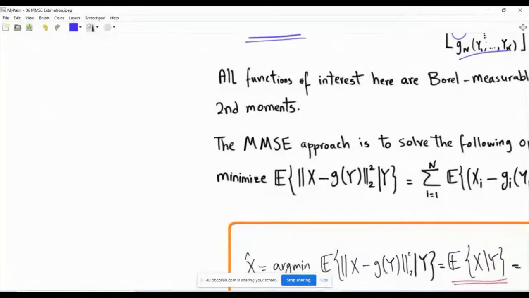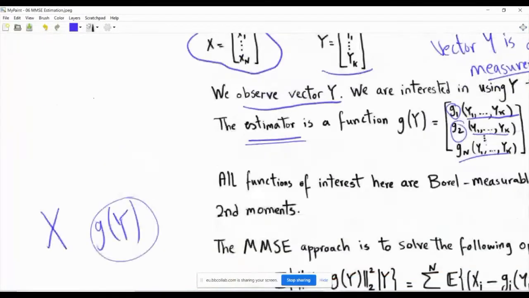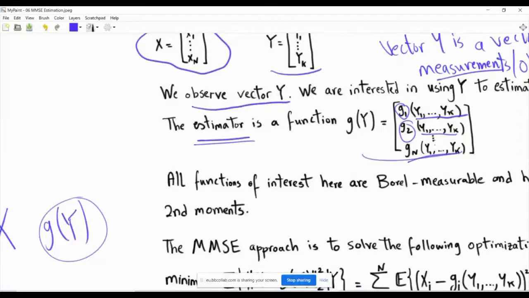The idea is that we have vector x that we want to estimate. We apply g of y, a function applied to y. This appears abstract. What I mean by this is basically n functions.